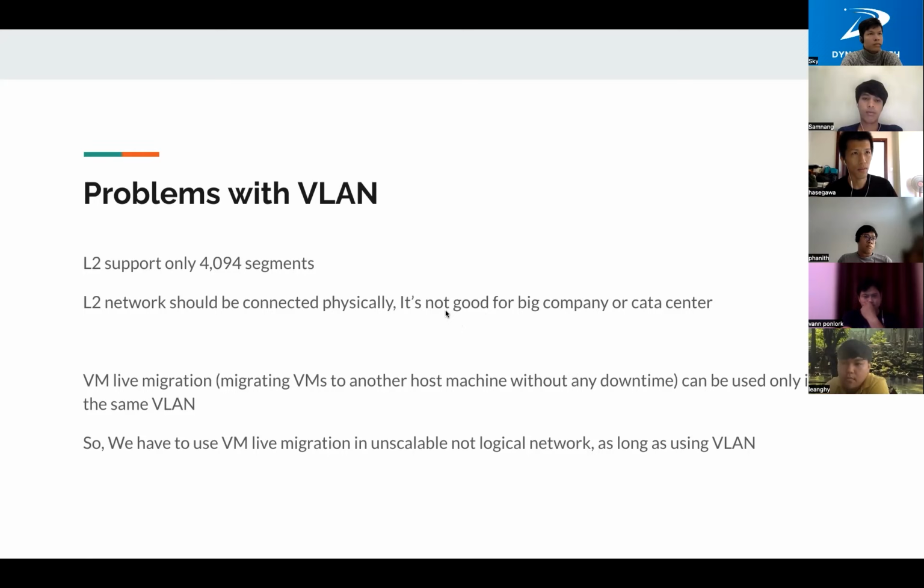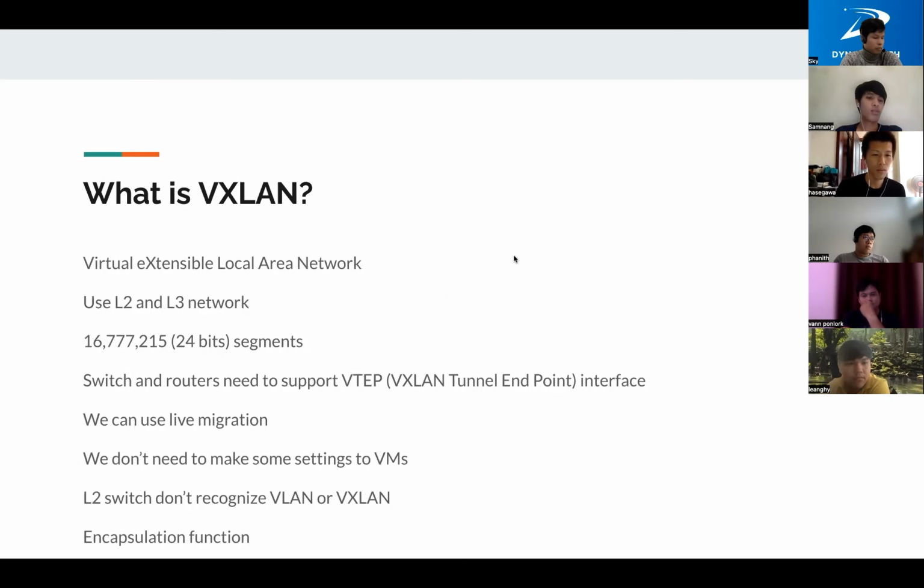It's not connected by an L2 switch, L2 network. It's connected by an L3 network but not an L2 network. So we cannot use VM live migration as long as we are using VLAN. But we can do live migration using VXLAN.